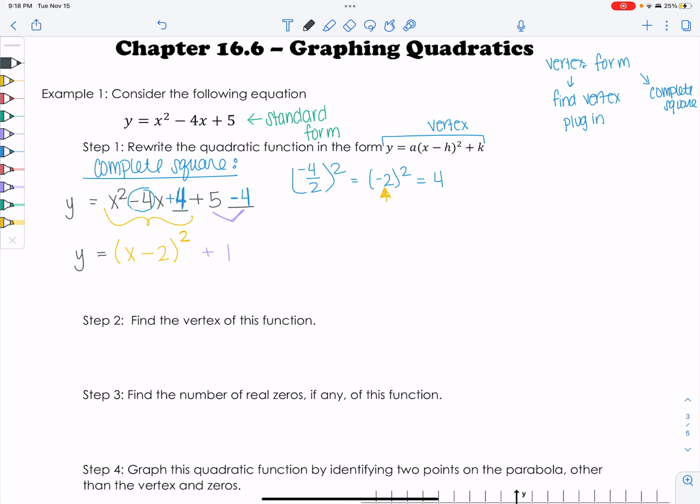The other way, if you want to find the vertex using the formula and then put it back in, you can do that method too. So let me show you that. If you wanted to find the vertex, we would do, like we just did in the last video, negative b divided by 2a.